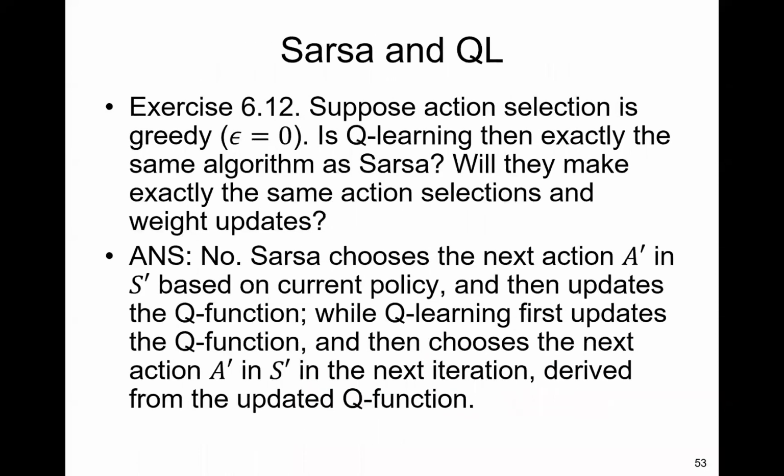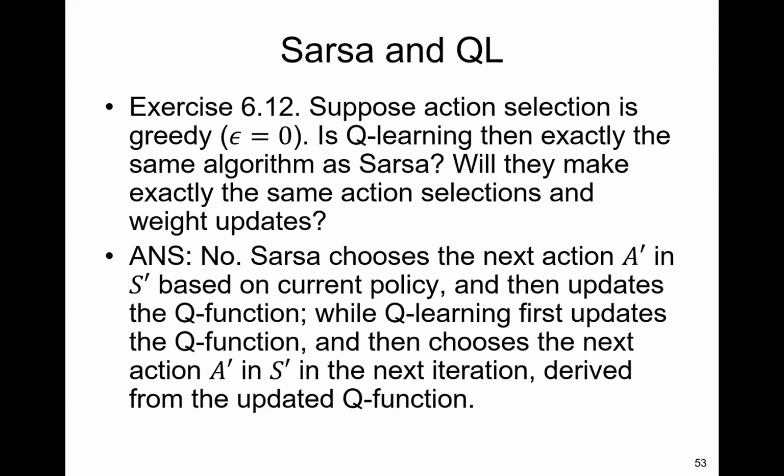Now, Sarsa and Q-learning. This is an exercise from the textbook. Suppose action selection is epsilon greedy with epsilon equals 0. Is Q-learning exactly the same algorithm as Sarsa? Will they make exactly the same action selections and weight updates?